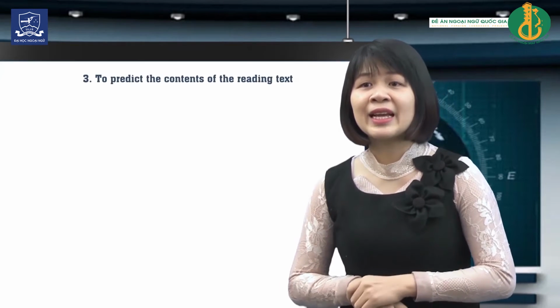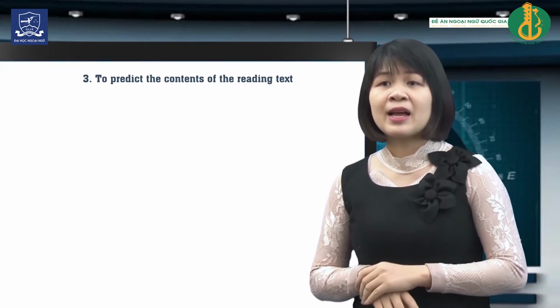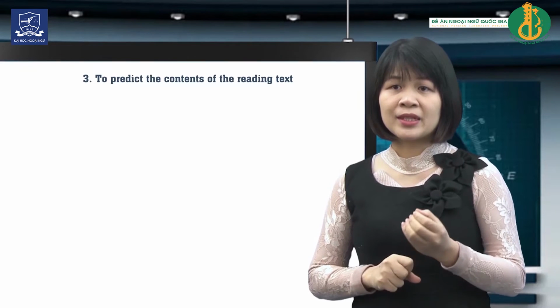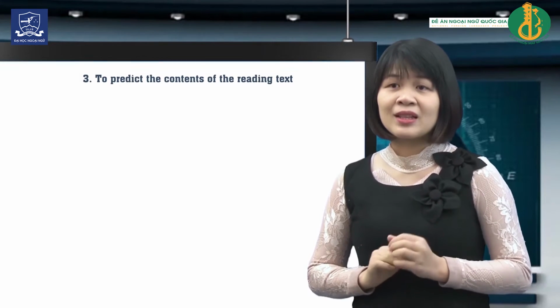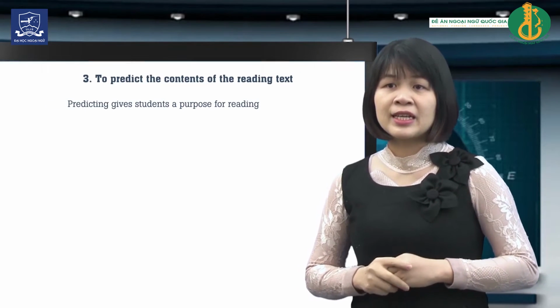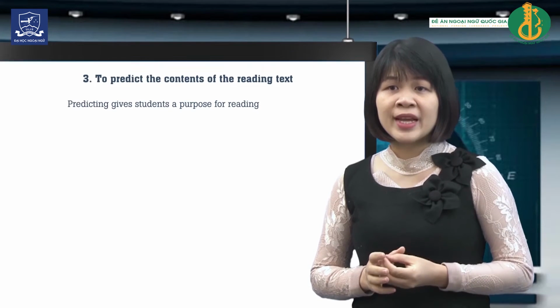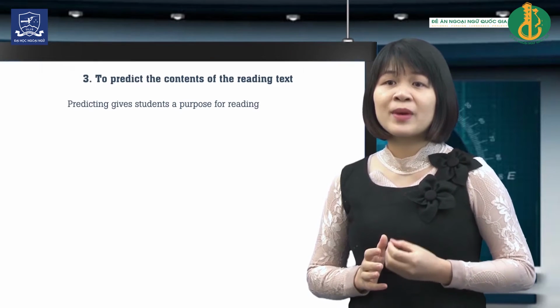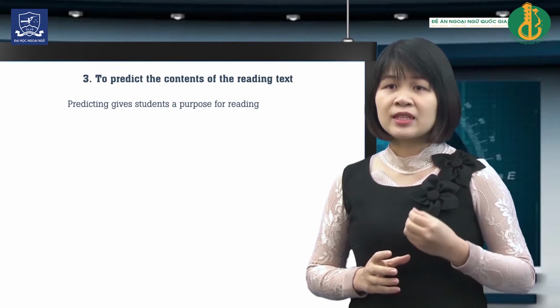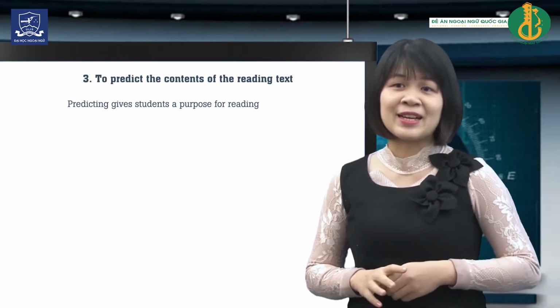In the pre-reading stage, students are sometimes asked to make predictions about the contents of the reading. This predicting activity gives students a purpose for reading and develops relevant background knowledge, which makes comprehension of the text easier.